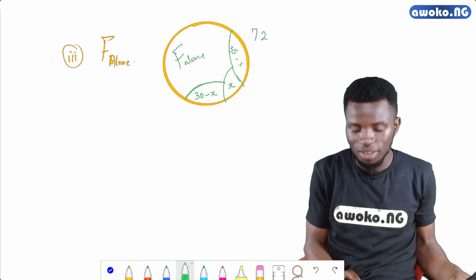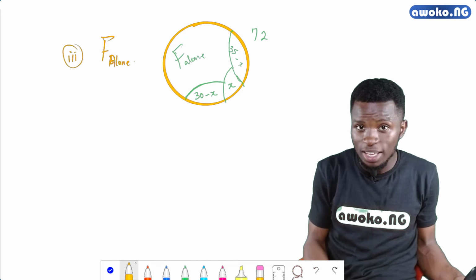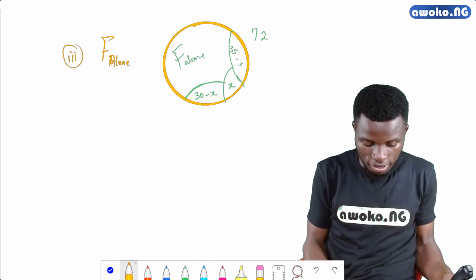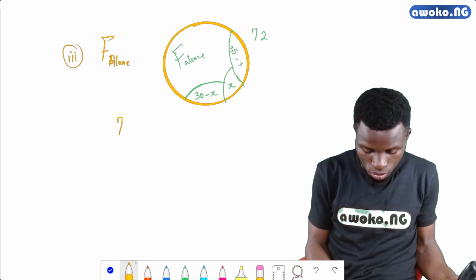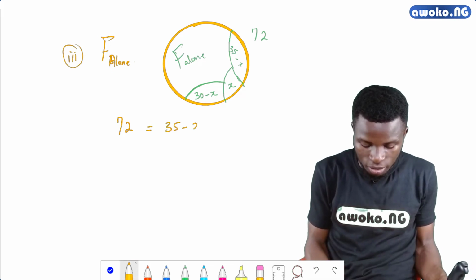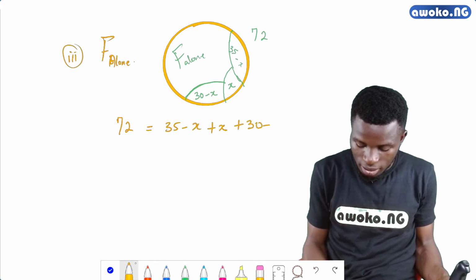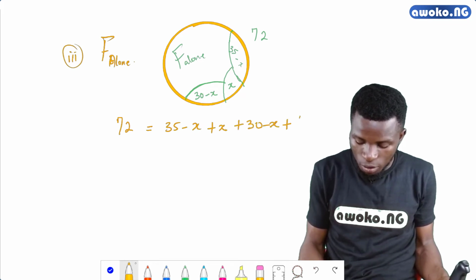Therefore, how do we get F alone? Of course, since everything here is 72, therefore we have 72 will be equal to 35 minus x plus 30 minus x, then plus F alone.